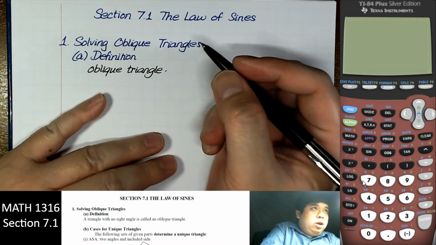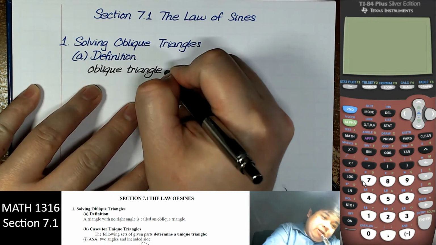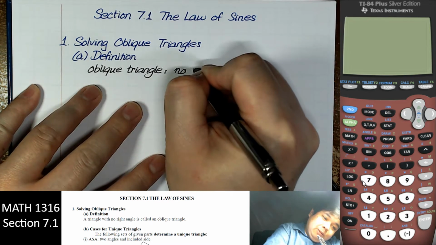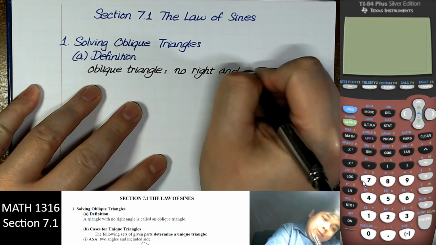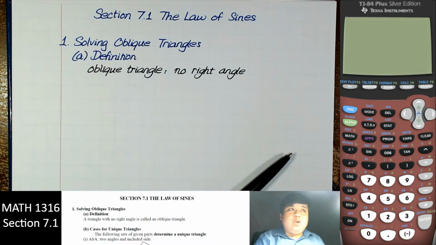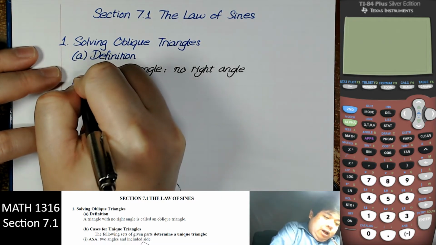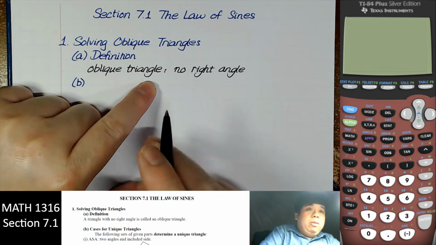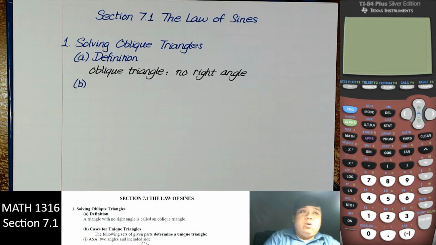So an oblique triangle is a triangle that has no right angle. And to solve for a triangle means that we're going to find all the missing information about the triangle.